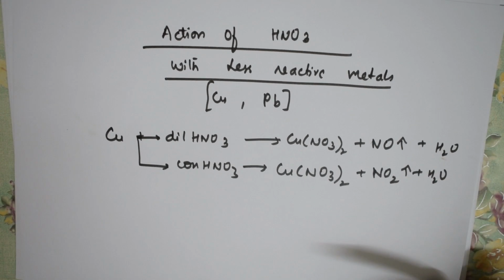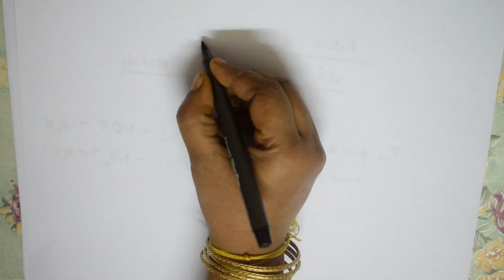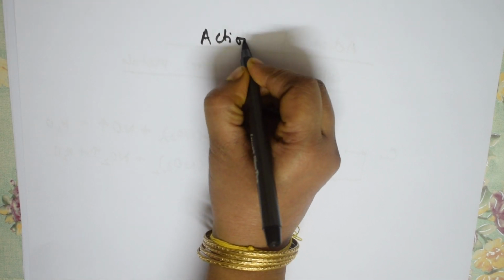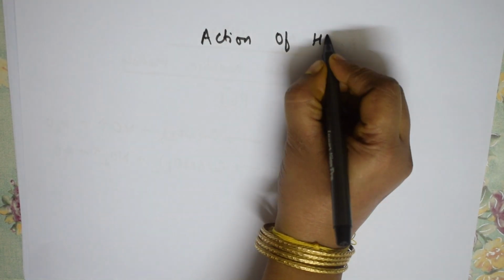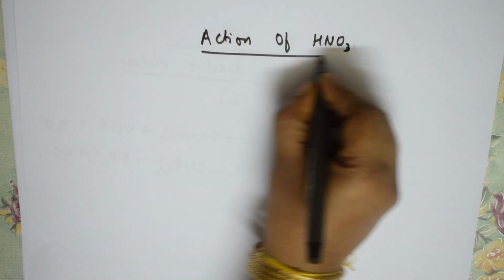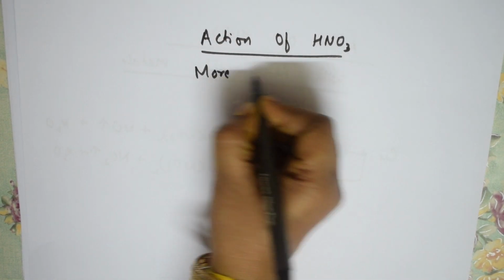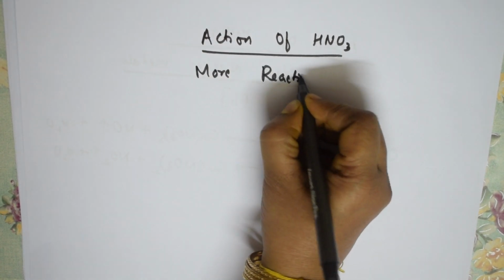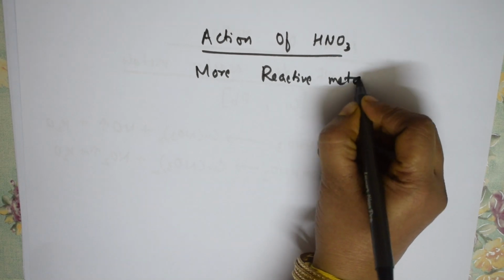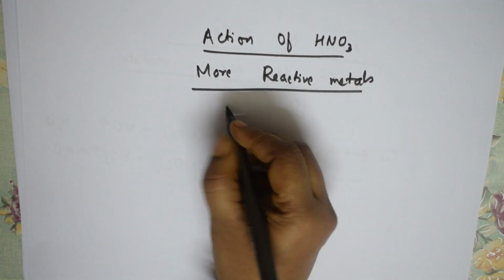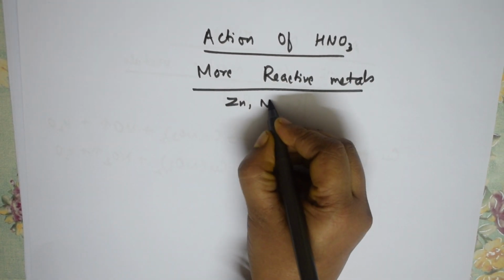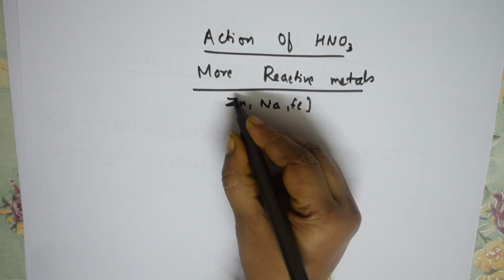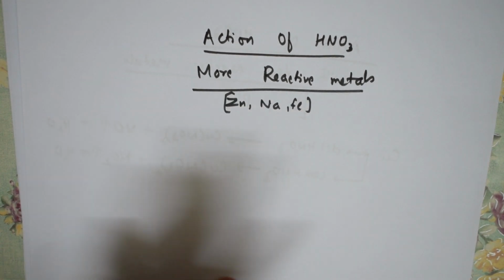Now we will see the action of HNO3 with more reactive metals. So action of HNO3 with which one? With more reactive metals. So what are the more reactive metals we have? We have zinc, sodium, iron. So what did we say? We said we can use it in 3 conditions.